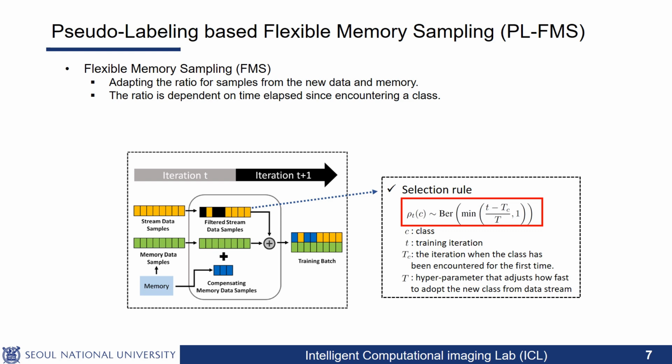By using this, if a sample from the current data belongs to the newly encountered classes, its probability to be included in the training batch is low. Meanwhile, after a certain amount of time has passed since encountering the class, the probability increases. In this way, we adapt the ratio of samples of the current data and memory.